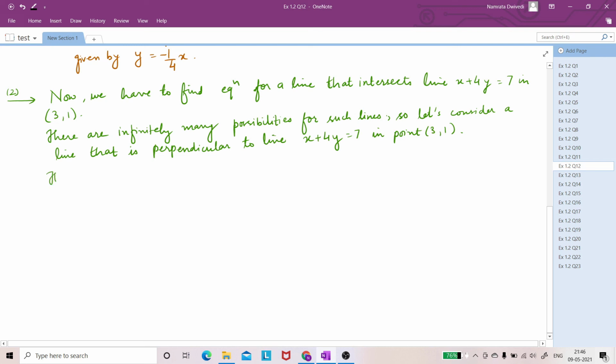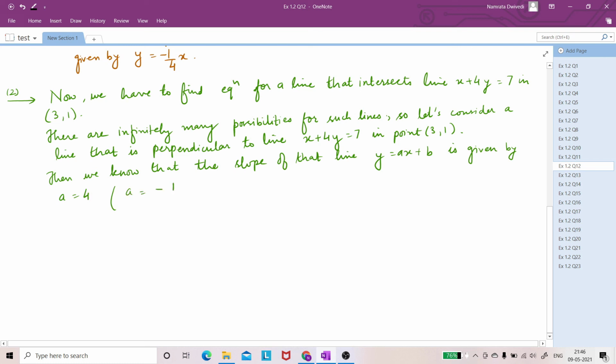Then we know that the slope of that line y is equal to ax plus b is given by a is equal to 4, and a is equal to minus 1 upon minus 1 by 4, right?